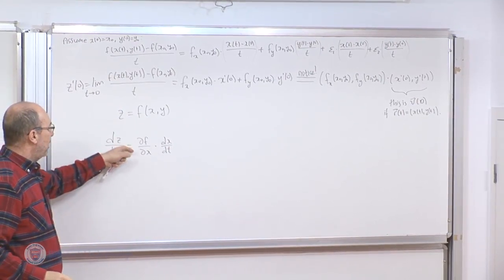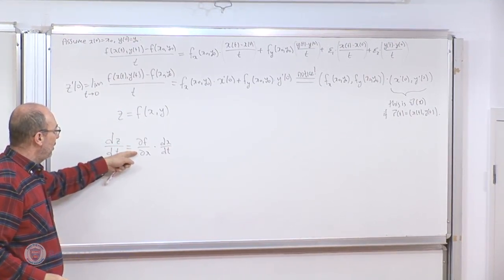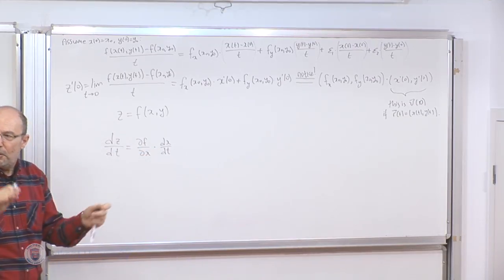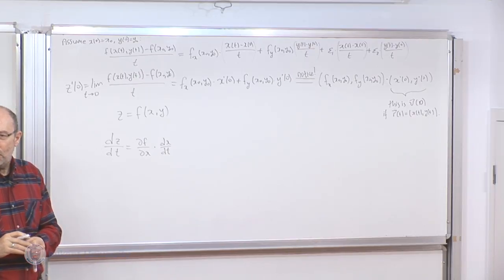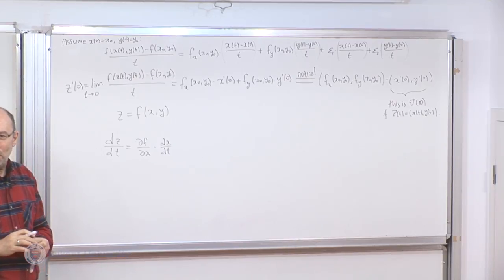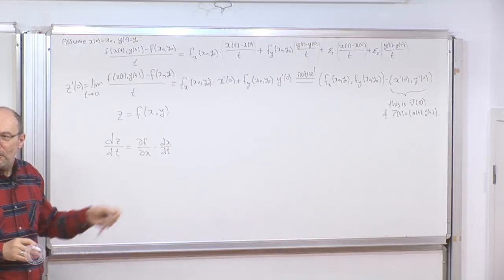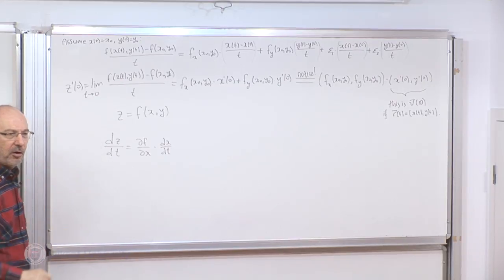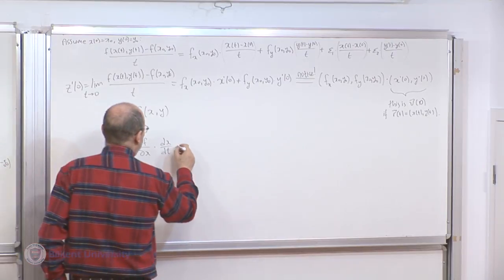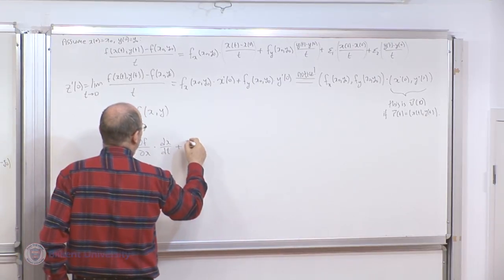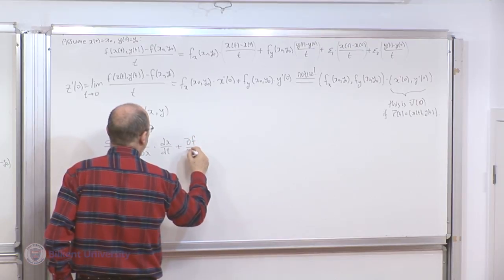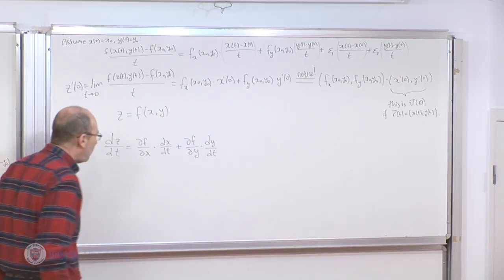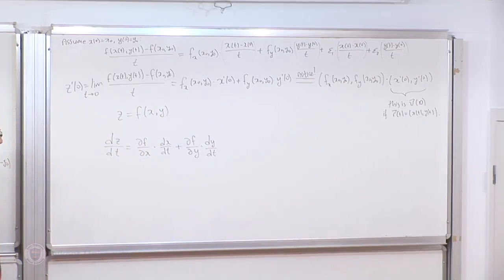Okay, here I'm paying attention whether it will be curly d or straight d, but in practice it doesn't matter. Okay, only if you are in a very polite society, they want you to obey those rules, but in practice, of course, you are just talking about derivative with respect to a variable. It doesn't matter whether you use curly or other thing. So plus, I have one more variable here, so this is derivative of f with respect to y times derivative of y with respect to t. Okay, so this is the general formula.